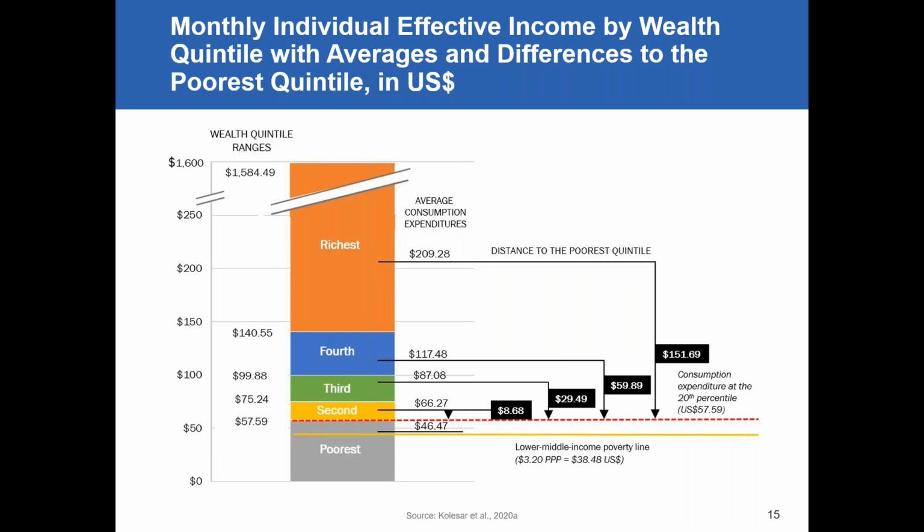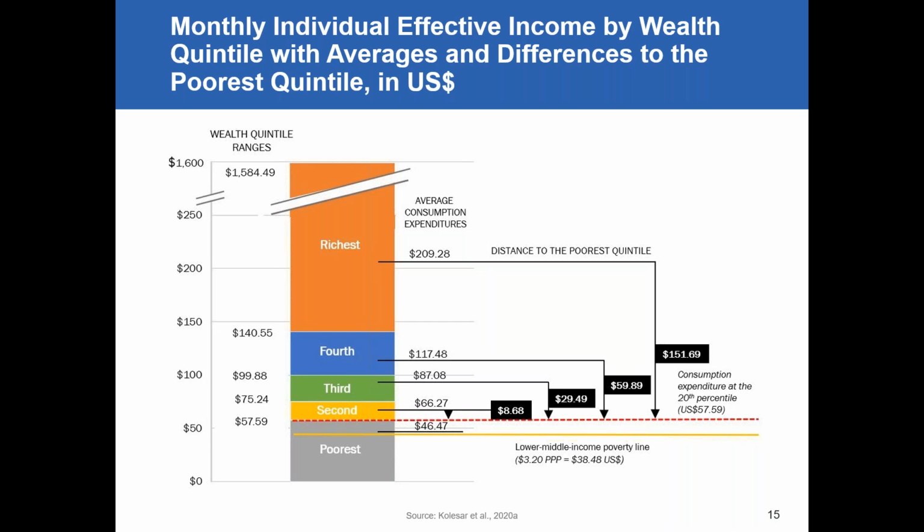So on the y-axis, we have individual effective income. The stacked bar chart illustrates the income distribution by wealth quintile. Just to the right of the bar, we can see the average income by wealth quintile, with the black boxes highlighting the financial distance between each average and the income threshold for the poorest wealth quintile.